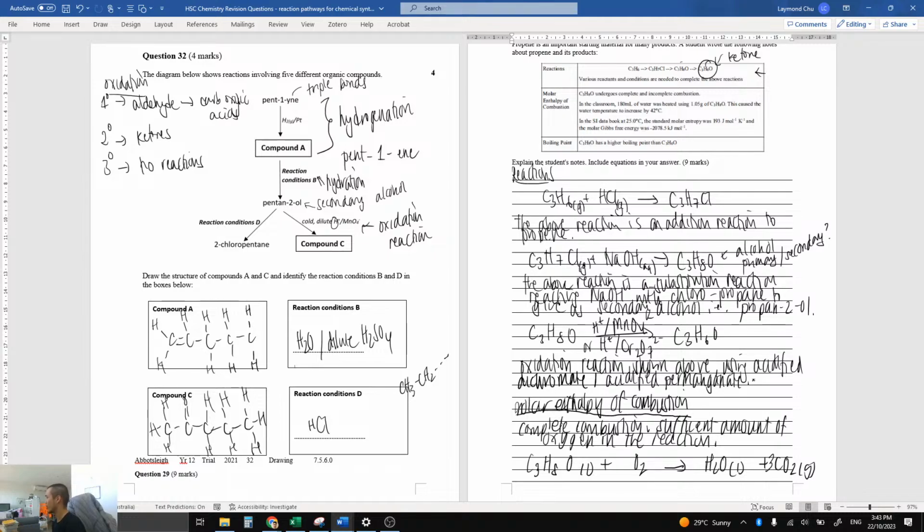We've got 3 carbons on the left, 3 carbons on the right. We've got 8 hydrogens on the left, and we also want 8 hydrogens on the right, so we can slap on a 4 there. As a result, we can then look at our oxygens. We've got 4 oxygens there and 6 oxygens there, so what we can do is put in a 5 there. And of course, don't forget our states. And that's it. That's a complete combustion reaction with propan-2-ol.